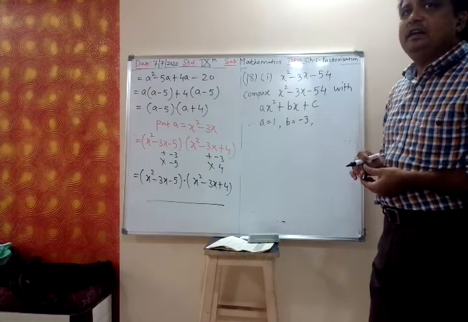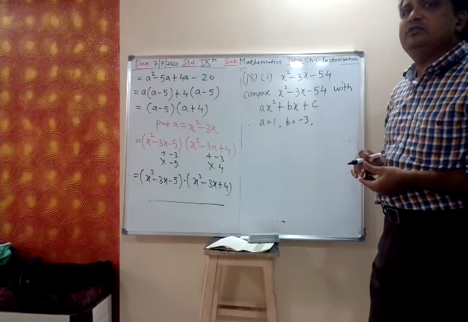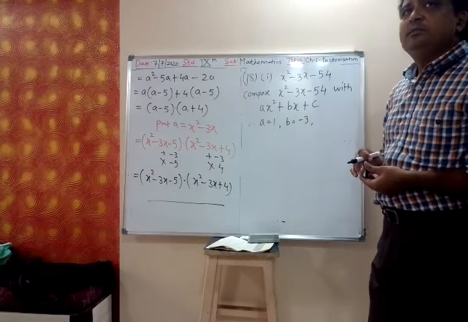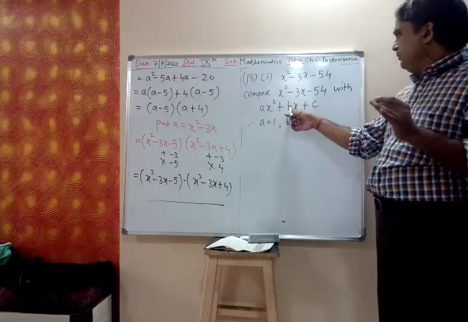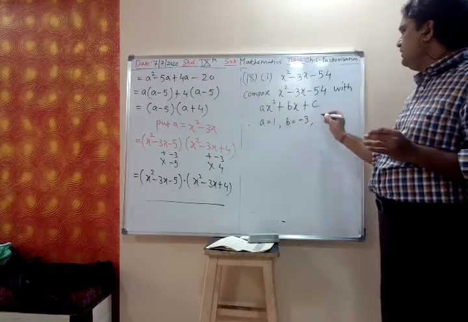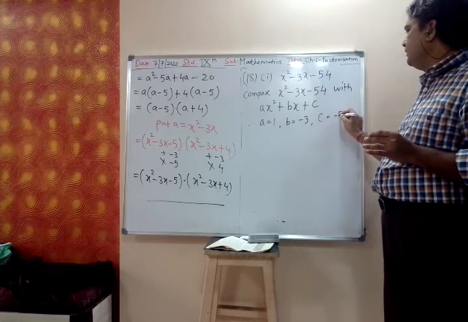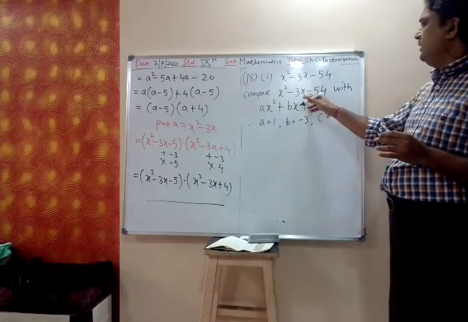Then I will check whether b square minus 4ac is a perfect square or not. b is minus 3, c is minus 54.